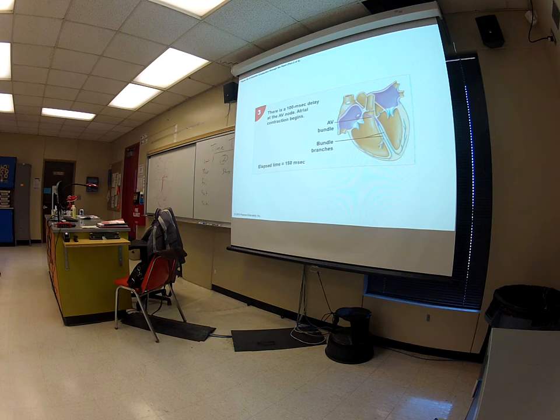Here, I'll read it. It says, blank percentage of ventricular capacity comes from contraction of the atria. Blank percentage. 20% of ventricular capacity comes from the contraction of the atria.